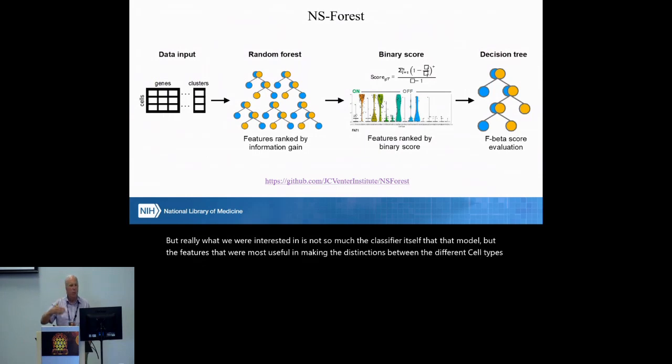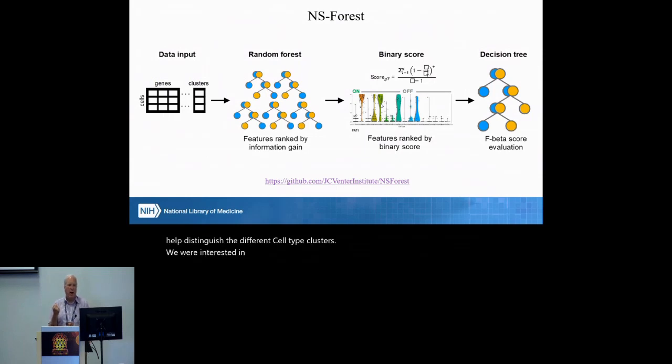So out of the random forest output, we actually get a ranked list of informative features that help distinguish the different cell type clusters. We were interested in identifying features that have a binary expression pattern, so that they're expressed at high levels in the target cells and not at all in the off-target cells, so kind of an on-off expression pattern.